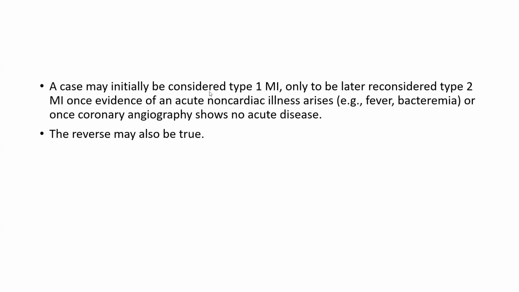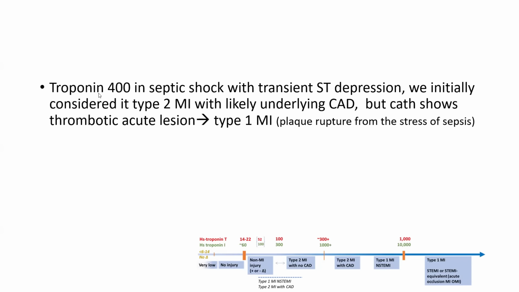In a case, we may initially consider type 1 MI only to later reconsider type 2 MI once evidence of acute non-cardiac illness arises, fever, bacteremia, or once coronary angiography shows no acute disease, or vice versa. Take this patient. He has a troponin of 400 in the setting of septic shock with transient ST depression.